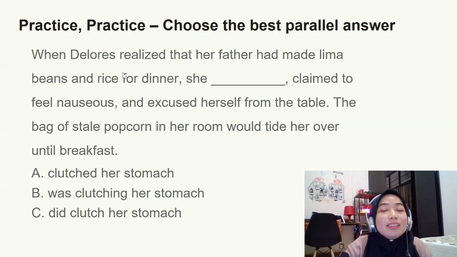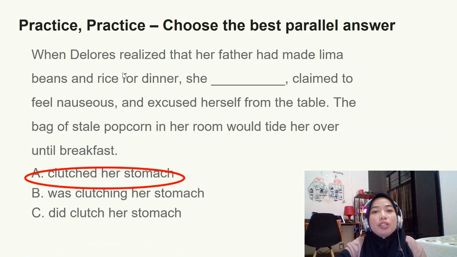It's A. Why is it A? Because of the past tense clutched. The next verbs, claimed and excused, are also past tense. So parallelism or consistency means making sure that all of the verbs are consistent, all past tense.